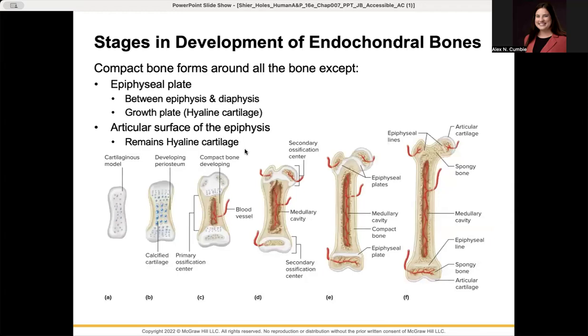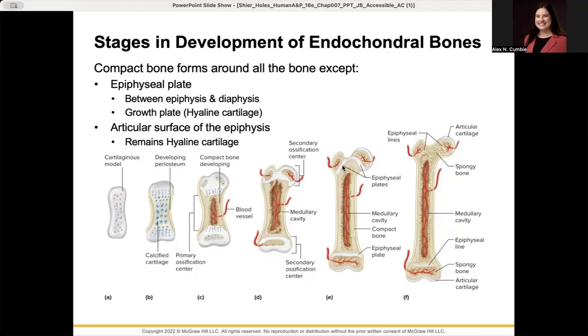This is just an example of this. The only reason I give this example, you don't have to memorize each of these steps, is to highlight the word epiphyseal plate. Epiphyseal plate is the same thing as your growth plate, and your growth plate is made of hyaline cartilage, the same hyaline cartilage that is used to make your bones through endochondral ossification.